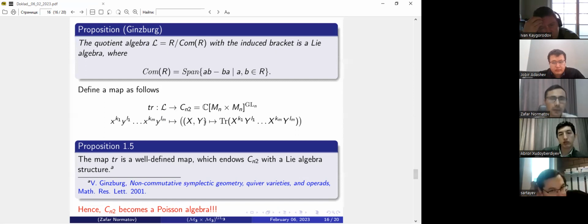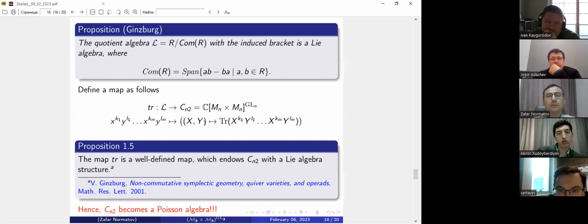Actually, these X and Y matrices are the generic matrices. What is a generic matrix? A generic matrix has the form that Wilson proved.